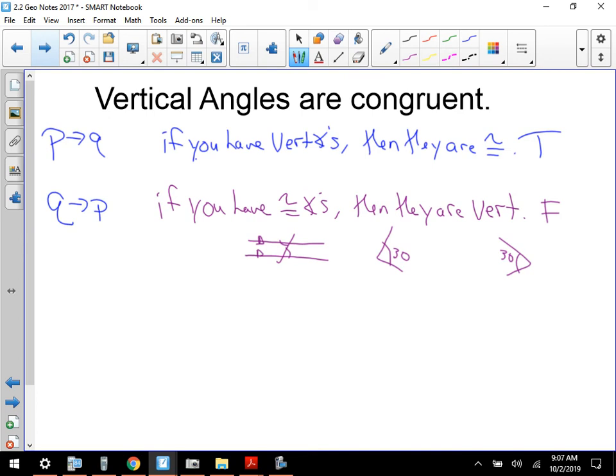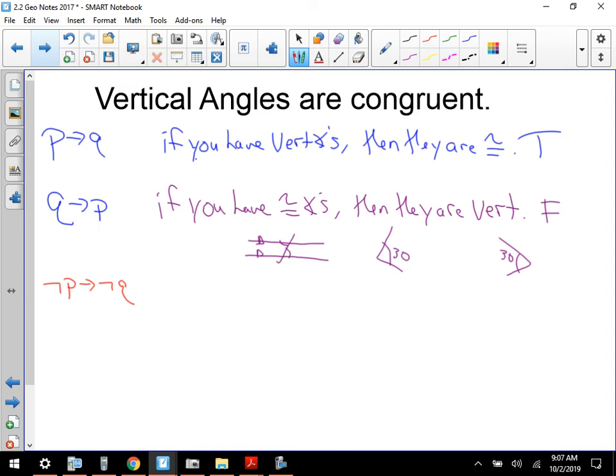So far, so good? Okay. Now the next one was to start over: not P, not Q. So if I do that, I go to my original statement, I put the word not in there on both sides.